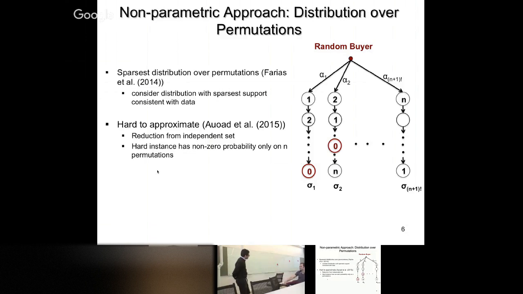Yeah, I don't think we have a characterization of what will lead to feasibility of the max entropy problem, but as long as the data is coming out of preferences, then it will be feasible. Okay.